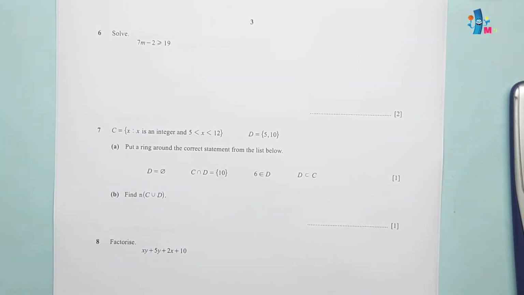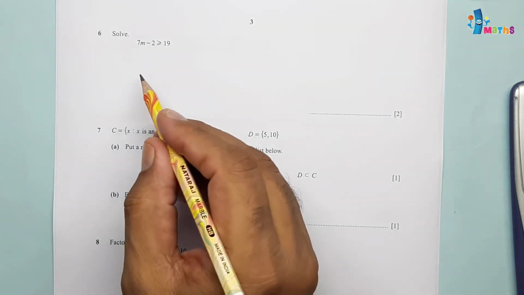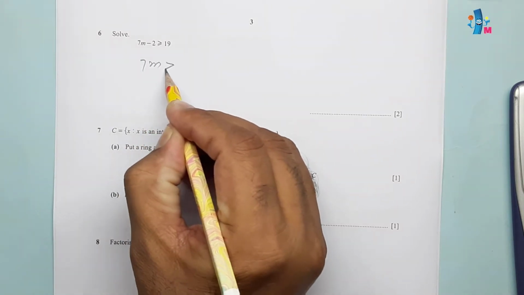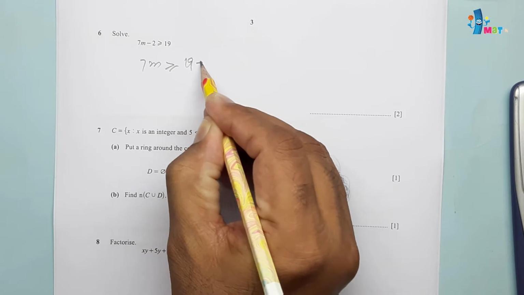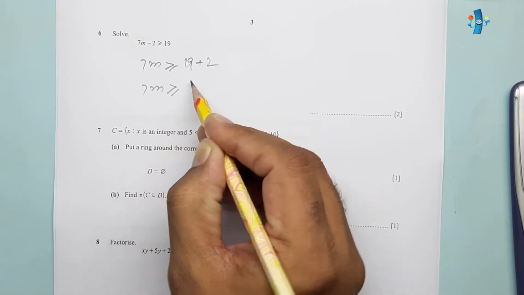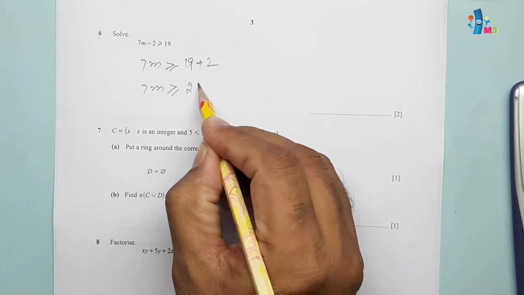Question number 6. This is the inequality we have to solve. 7m minus 2 is greater than or equal to 19. We can shift the minus 2 to the other side. So 7m is greater than or equal to 19 plus 2. 7m is greater than or equal to 21.